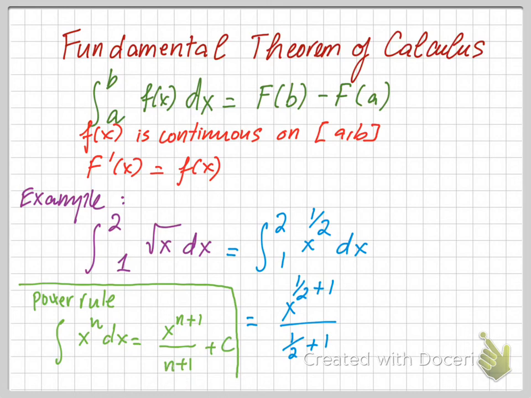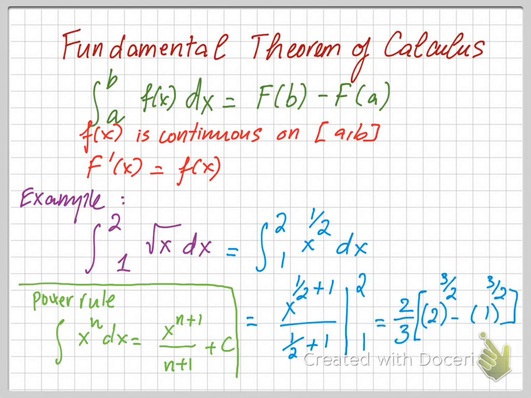In this case, my n is 1/2. So the integral of x to the 1/2 is x to the 1/2 plus 1 divided by 1/2 plus 1. And I evaluate this function from 1 to 2. 1 is the lower bound here, and 2 is the upper bound here.